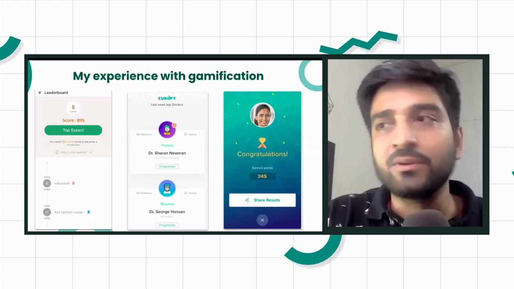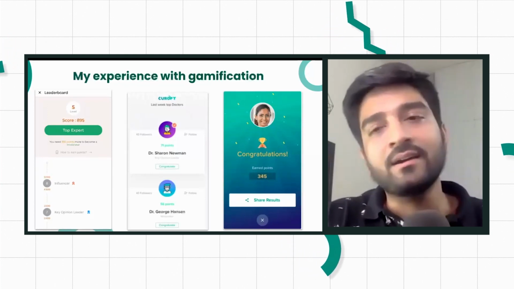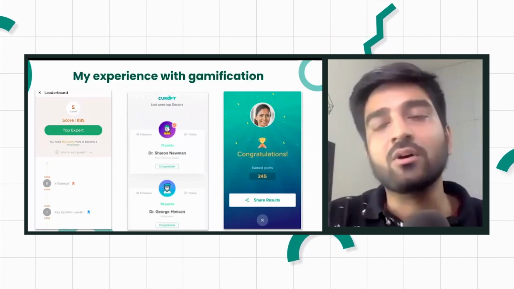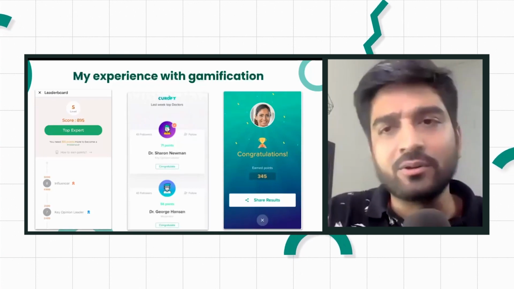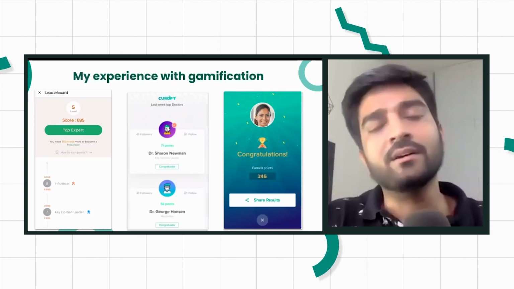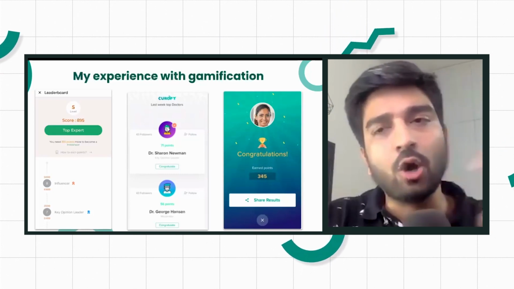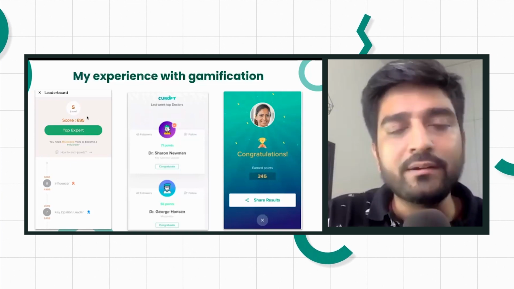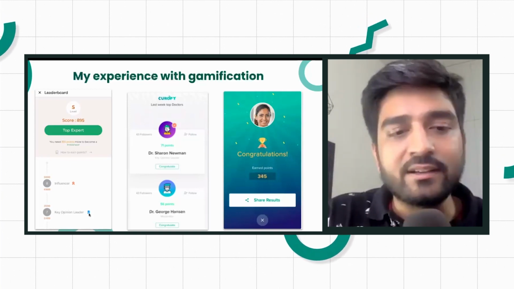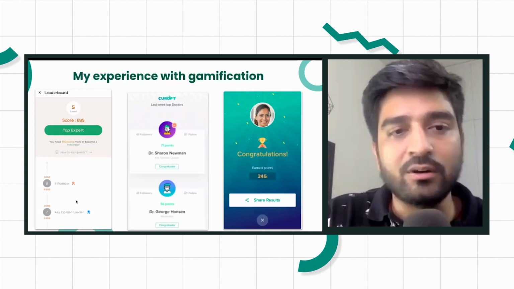And then there were other things like my answer on a case could also be marked as helpful, and we had gamified it based on whether my answer gets highlighted as the top answer, we would add additional points to that. Now based on those points, we had created these different layers or different titles.